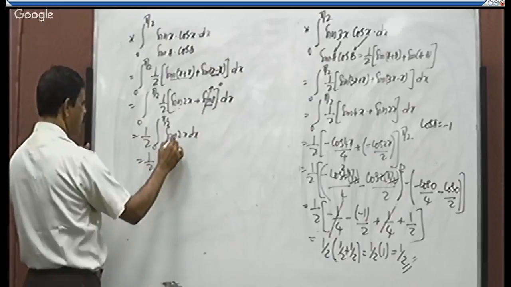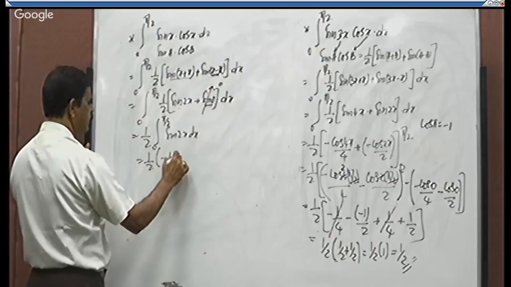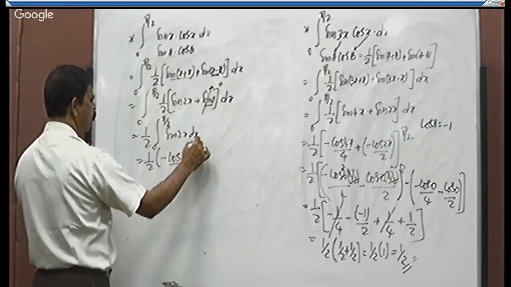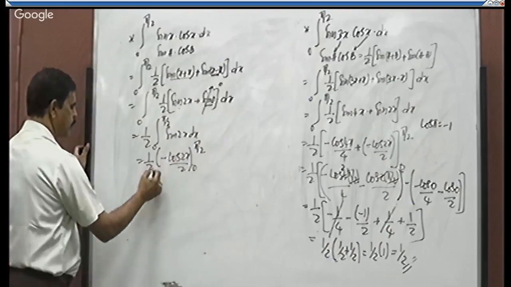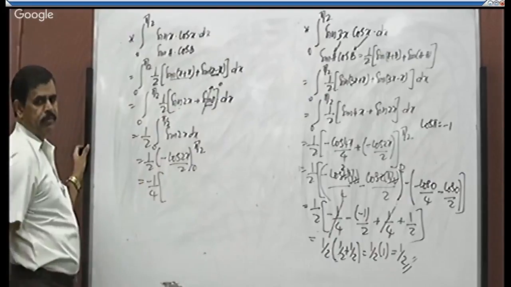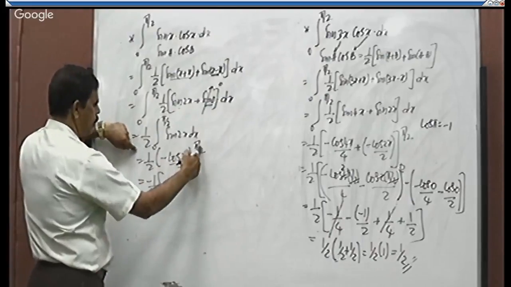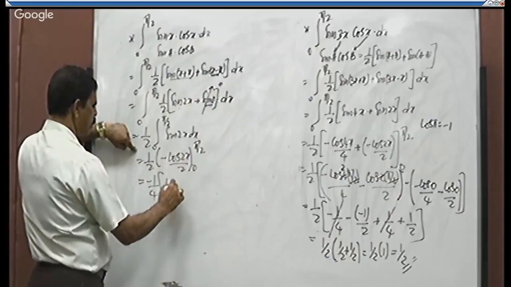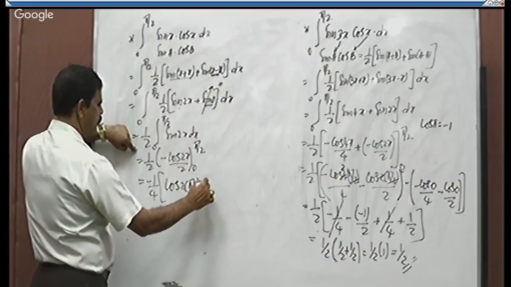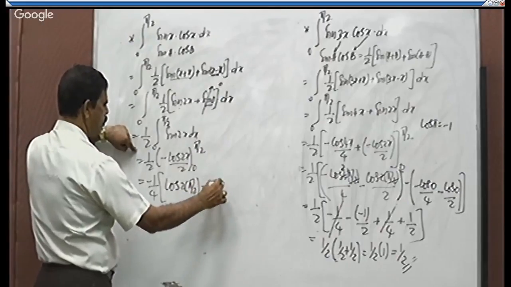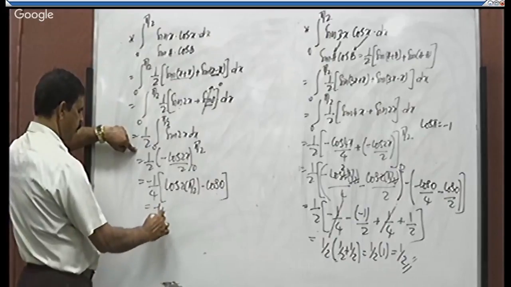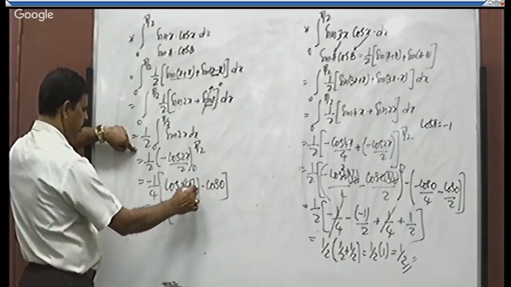Now integrate sin 2x. It is minus cos 2x divided by 2, 0 to pi by 2. Take this 2 outside. Minus 1 by 4 is constant. Apply the upper limit as well as the lower limit. Cos of 2 into pi by 2 minus cos of 0, that is minus 1 by 4 into 2 to cancel.